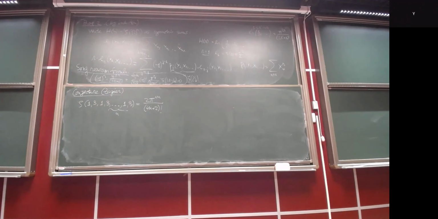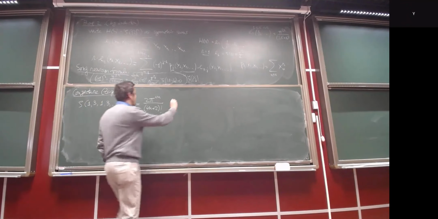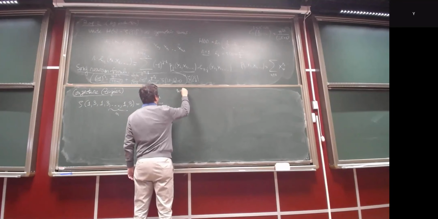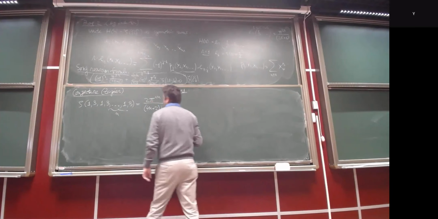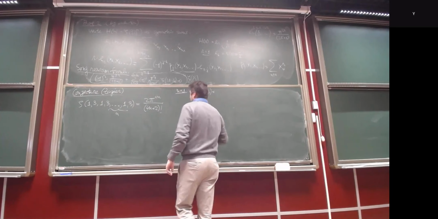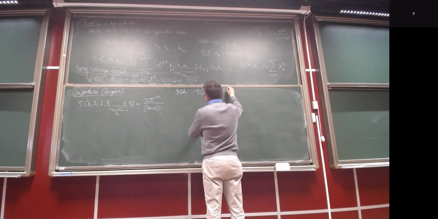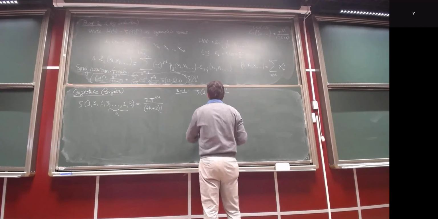And in fact, this confirms the fact that if we remember when we looked at n equals 1, we have zeta of 1, 3, which is 2 times pi to the 4th over 6 factorial, right?